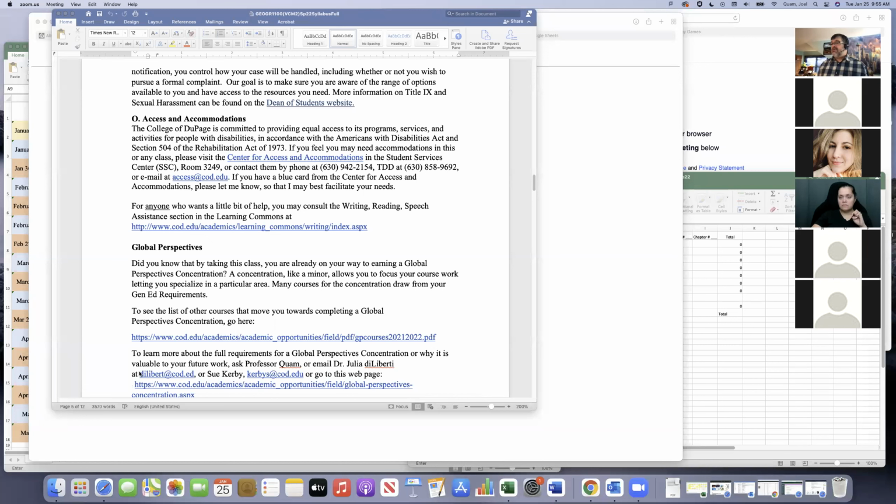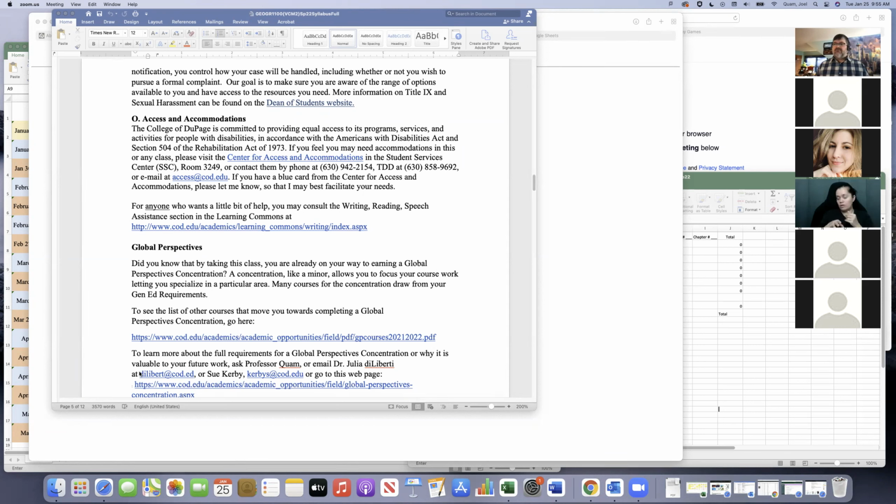Okay, something interesting that is new here that does apply to this course is called global perspectives. Global perspectives concentration is something new that the college is offering, and it is sort of like a minor. If you go on to a four-year school, you'll have a major that you'll graduate with, and sometimes you get a minor also. This is sort of like that.